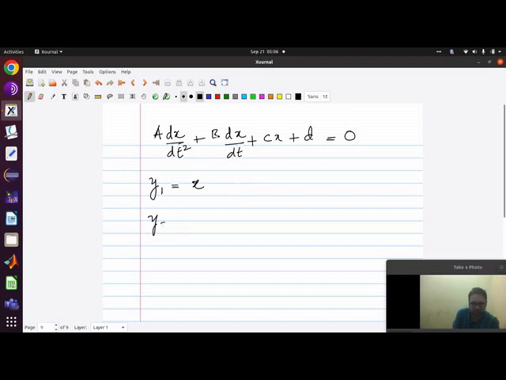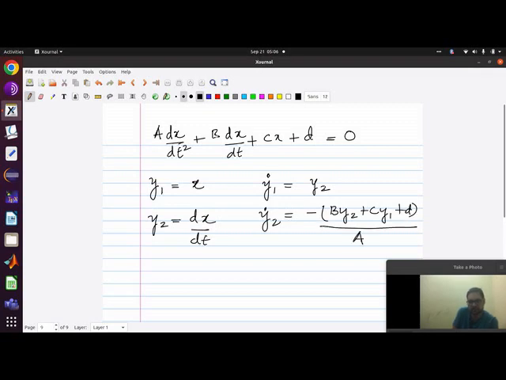So for that, you need to use the state space representation. We'll say y1 is x, we'll say y2 is dx by dt, then your y1 dot is y2 and y2 dot is d2x by dt square, which can be written as minus b y2 plus c y1 plus d by a.